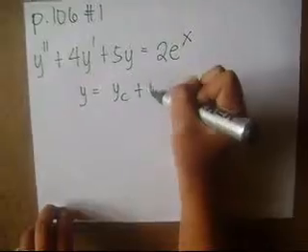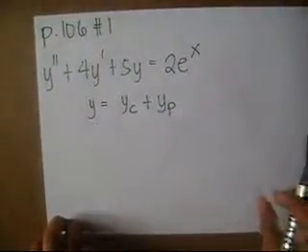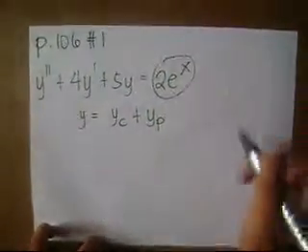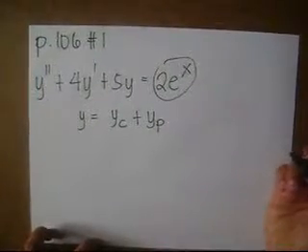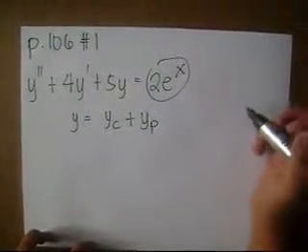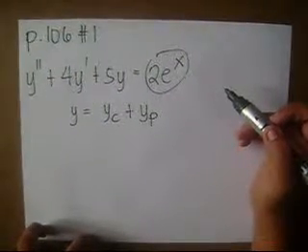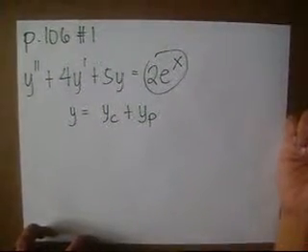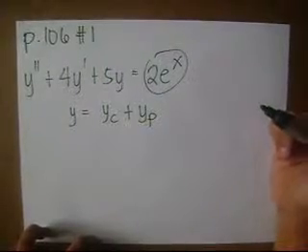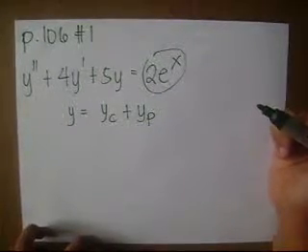Now, this 2e^x is a function possessing only a finite number of linearly independent derivatives. Thus, yp can be found by the method of undetermined coefficients.